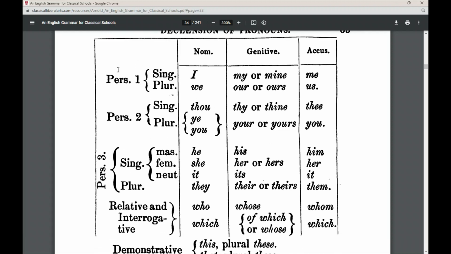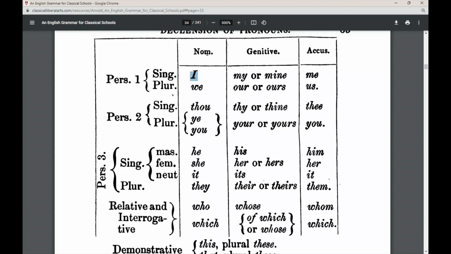Over here on the left, we see that the person is identified and it divides into singular and plural. So this is the first person, this is the second person, and then down here we have the third person. So the first person, singular, is the pronoun I, in the nominative case.